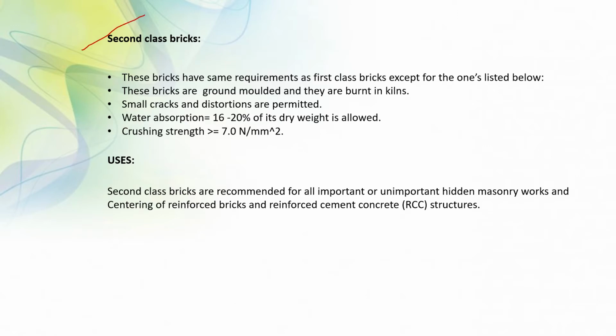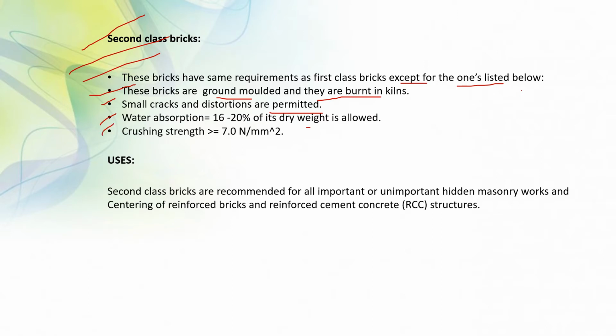second class brick. What is second class brick? These bricks have the same requirements as first class brick except for the ones listed below. These bricks are ground molded and they are burnt in kilns. Small cracks and distortion are permitted. Water absorption of 16 to 20% of dry weight is allowed.